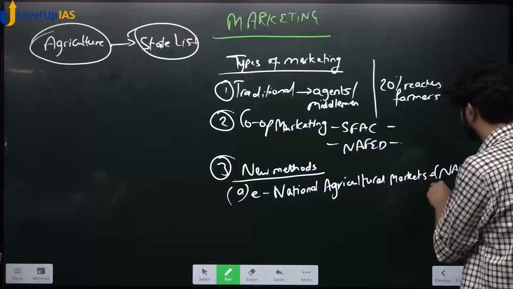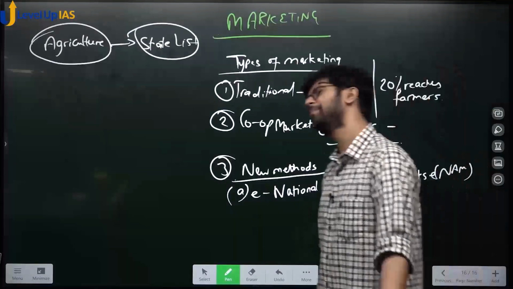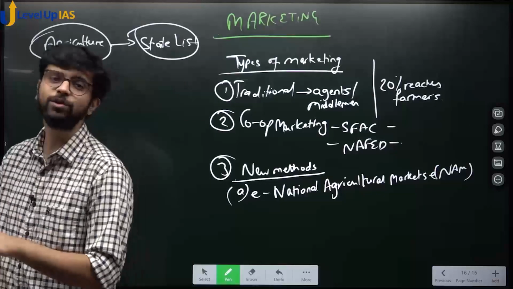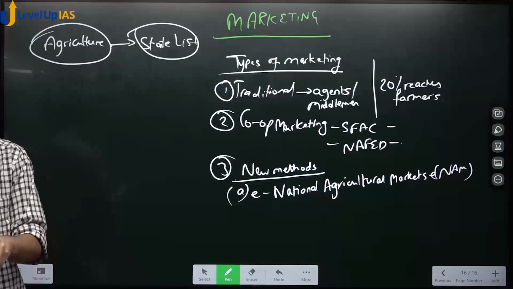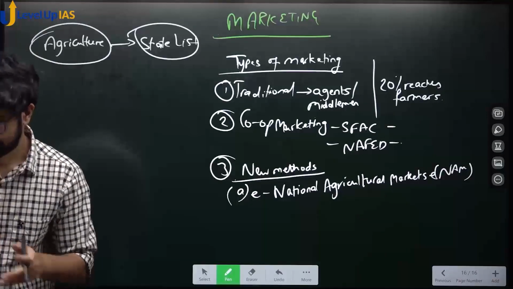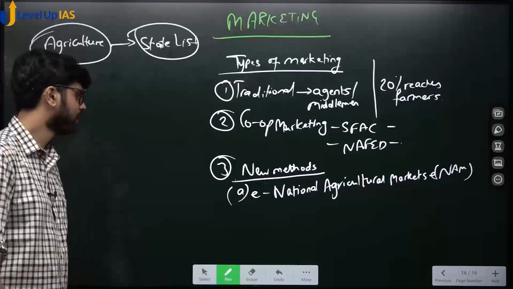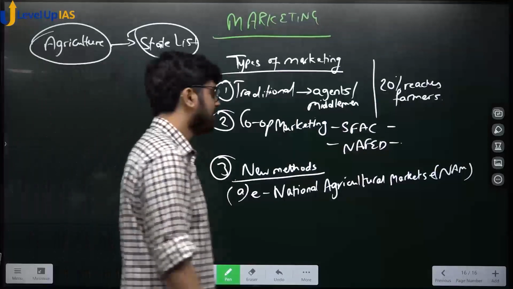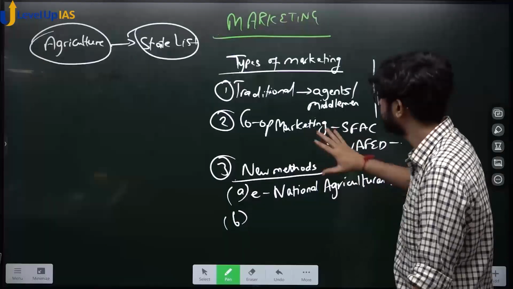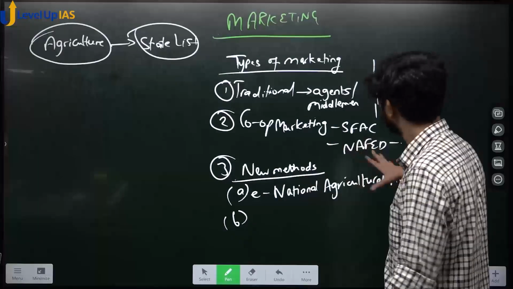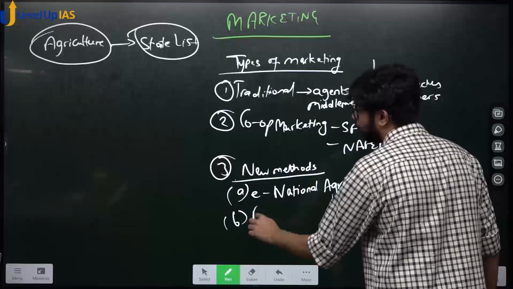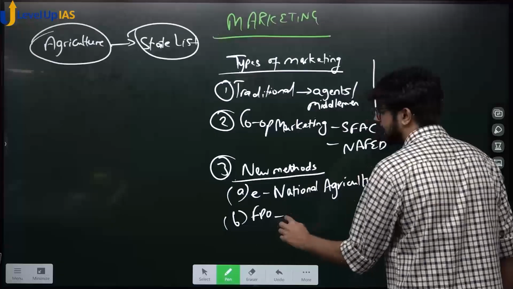A question came in 2017 about eNAM. MCQ. eNAM came, I marked the correct answer. I got marks. Second, there is some concept which you should know, I hope you are getting this. Some concepts are known to you. Cooperative marketing, they come together under SFAC and NAFED. Second, FPO. See this, nice concept.